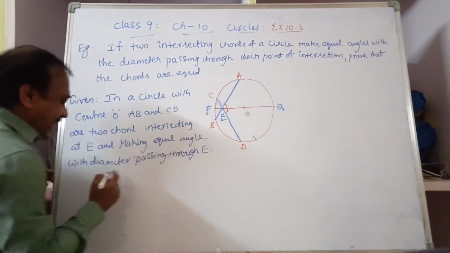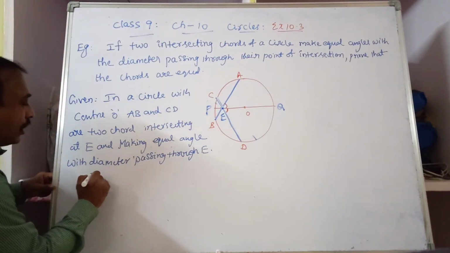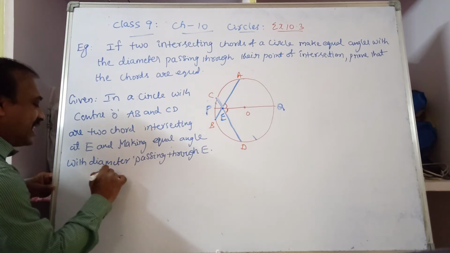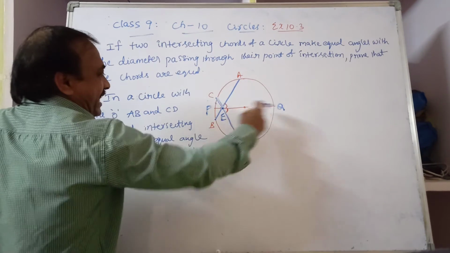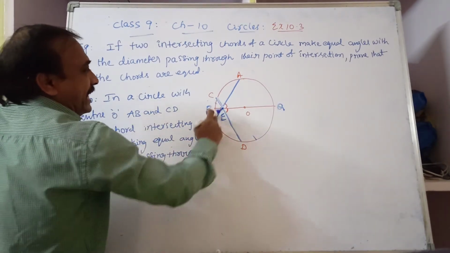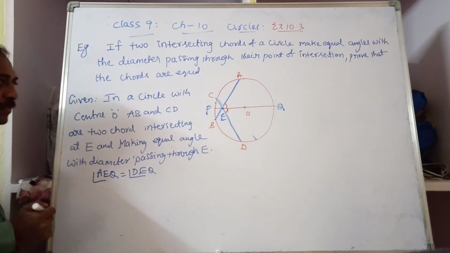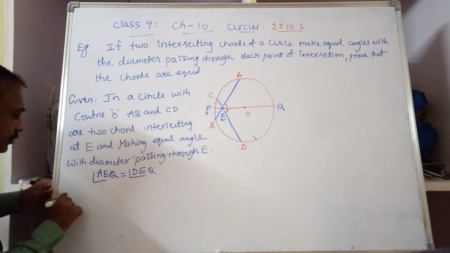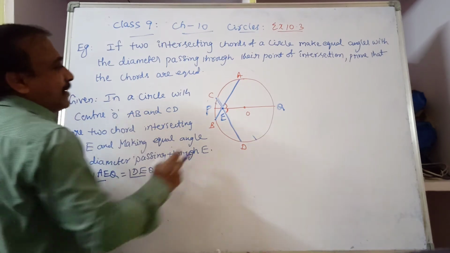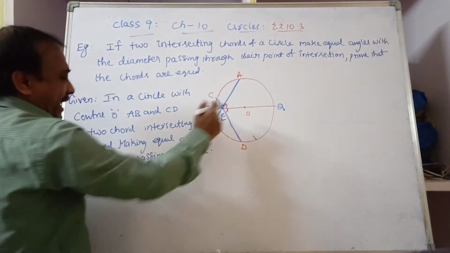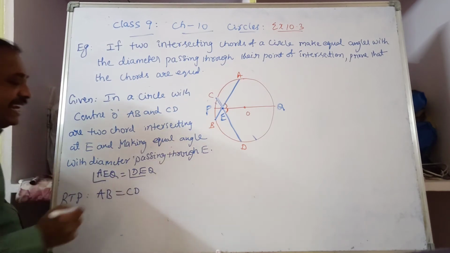Angle AEQ, PQ is the diameter. So angle AEQ is equal to angle DEQ. This is given. Required to prove, we have to prove that chord AB is equal to CD.